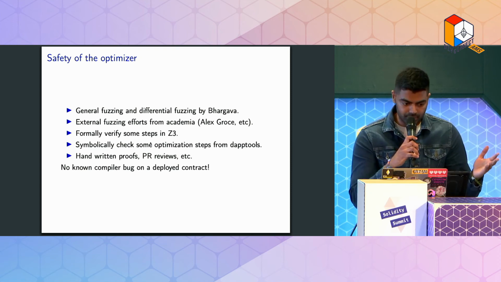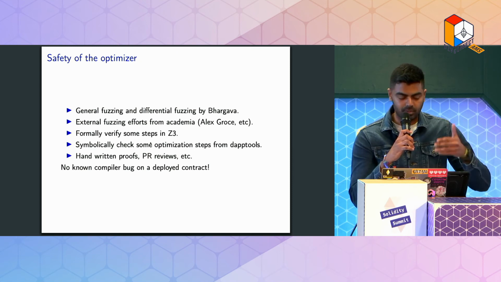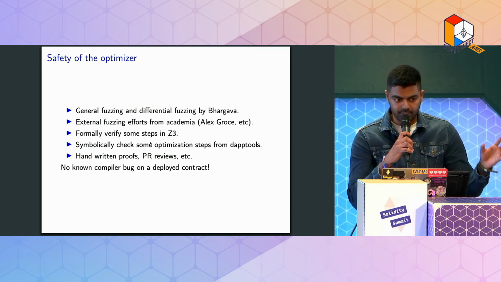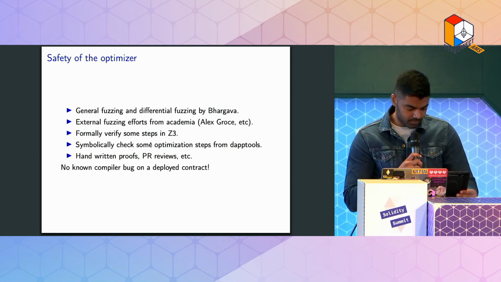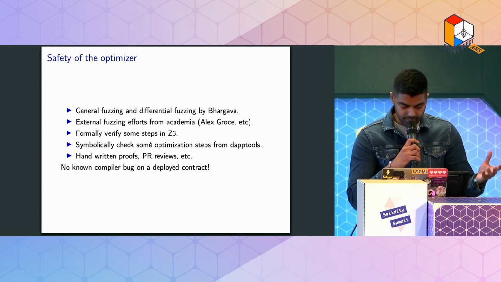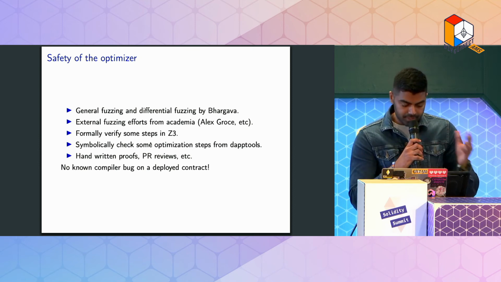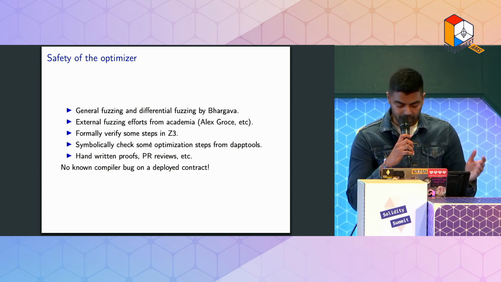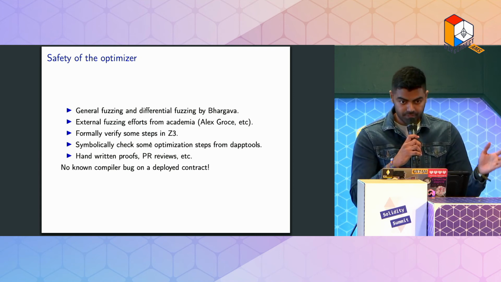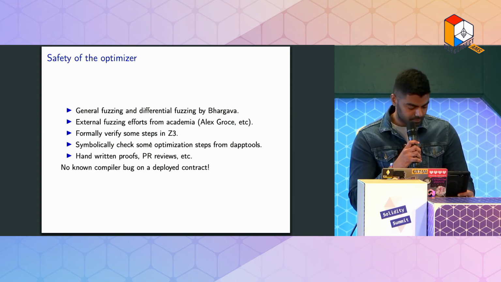You could just generate random call data, call these contracts and see if the state is the same. Again, you could repeat the same thing with optimized versus unoptimized code gen. Fuzzing has been very, very successful in finding bugs before we make a release. And all of this is continuously fuzzed as well.